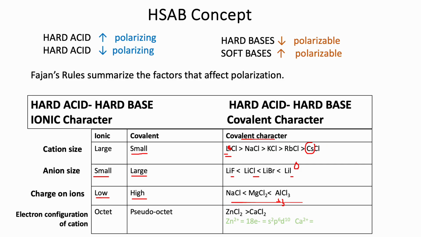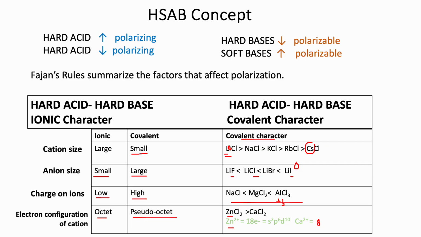For the electron configuration of cations, ionic would follow the octet rule. For covalent, it would have a pseudo octet, meaning not octet. Comparing the covalent character of zinc chloride versus calcium chloride: zinc is actually a transition metal, a d-block element with d orbitals, so it would have a pseudo octet, 18 electrons for zinc 2 plus, while calcium would follow the octet.